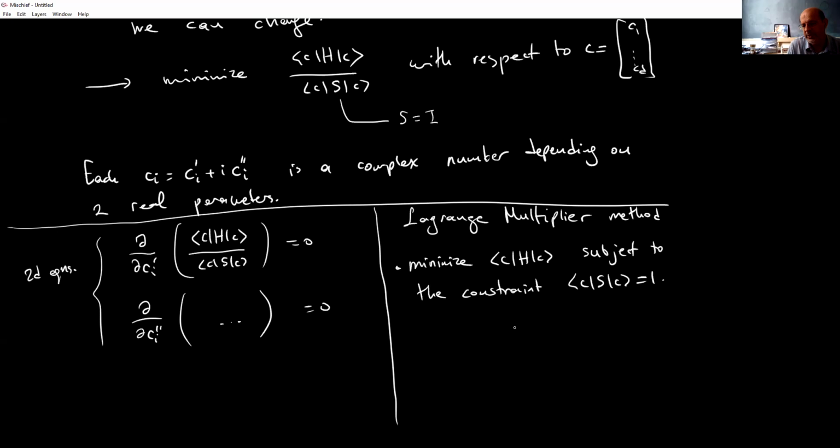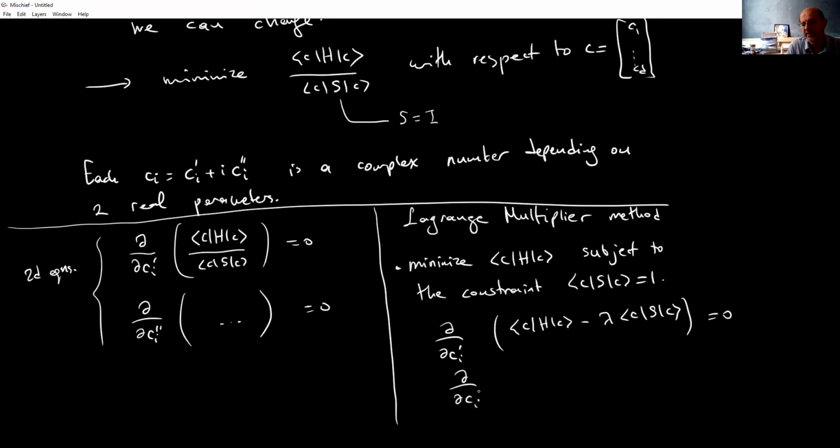And people do this with the Lagrange multiplier method. So as a result, they define a function like this, minus lambda times the constraint. Lambda is the Lagrange multiplier. And then they take the derivative of this expression and set it to be equal to 0.